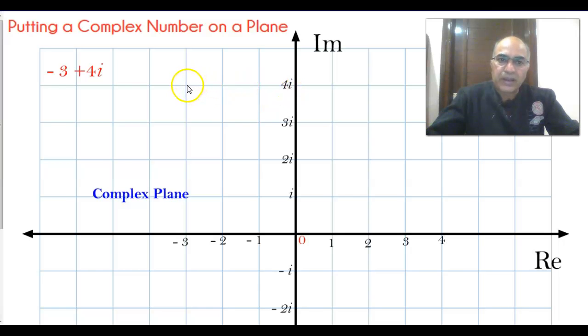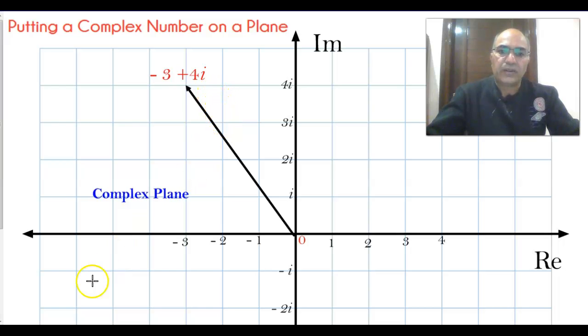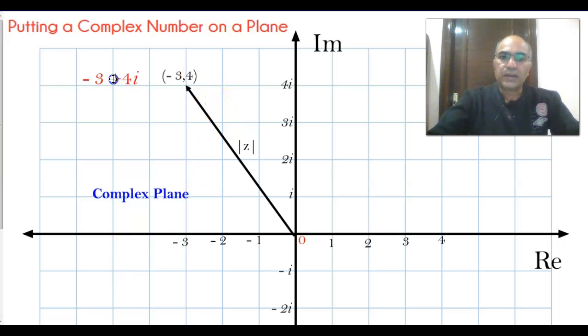So minus 3 plus 4 iota is represented by this point, and a vector representing minus 3 plus 4 iota is this vector starting from origin to this point. So minus 3 plus 4 iota is represented in two ways.